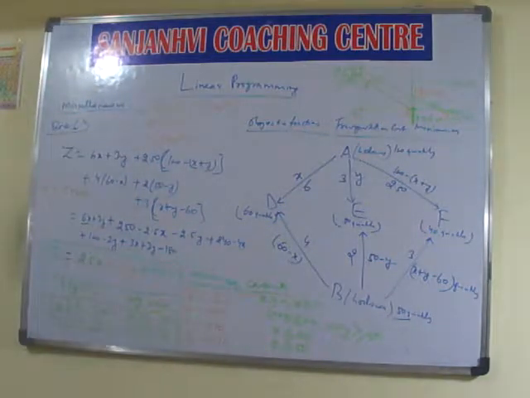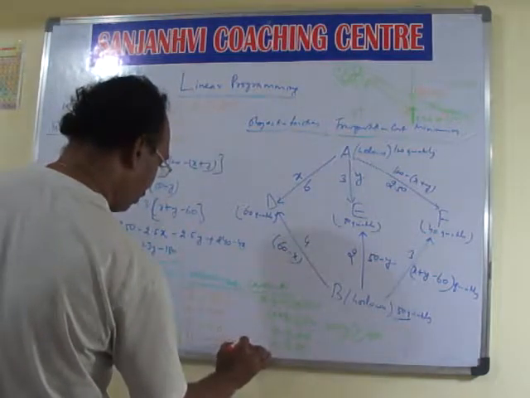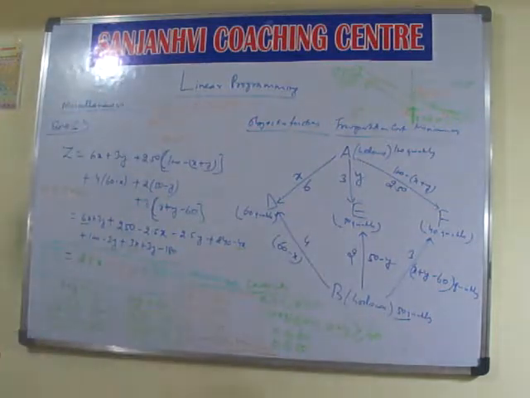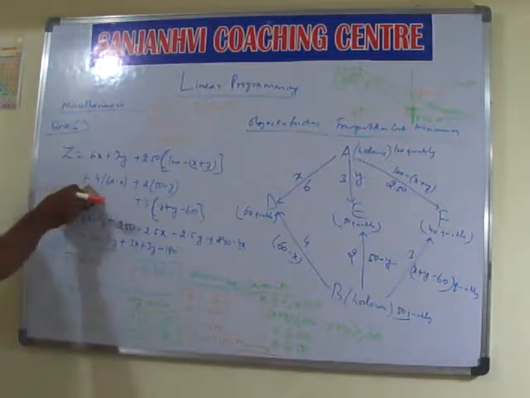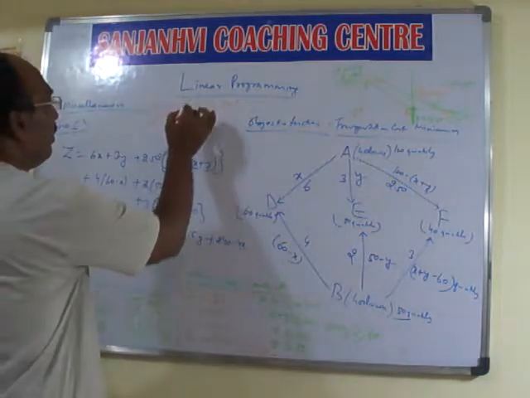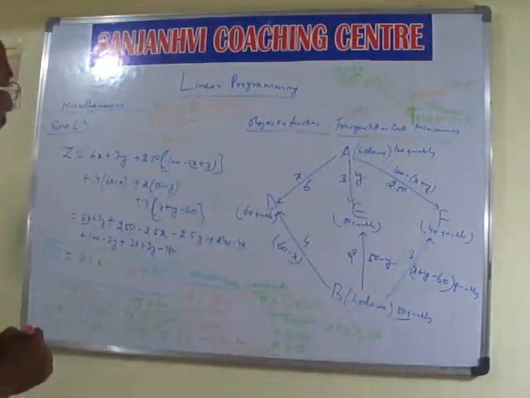So transportation cost will be minimum at D, 510, which is 10 and 50.